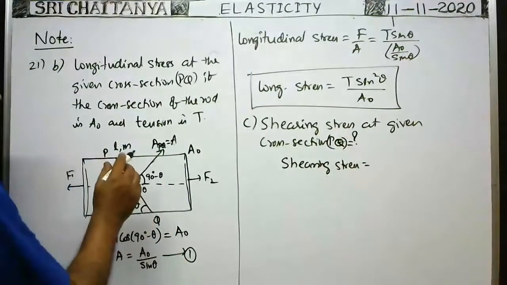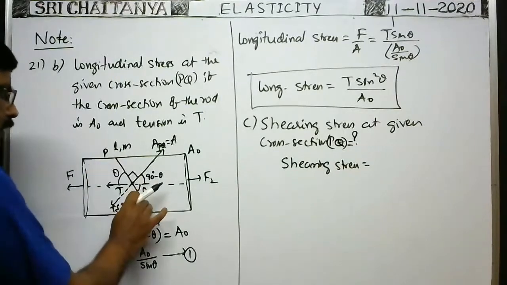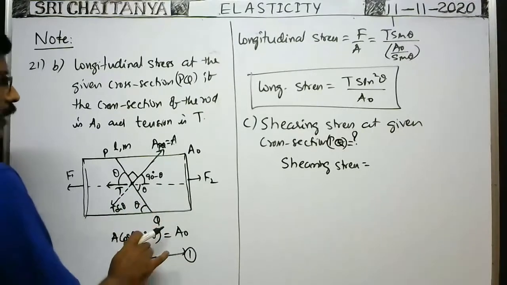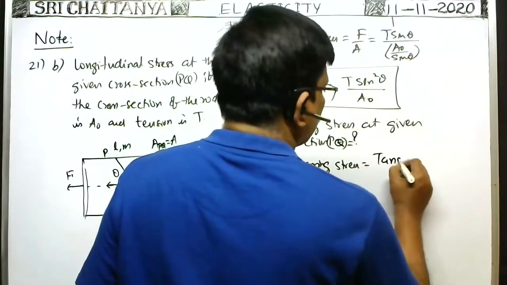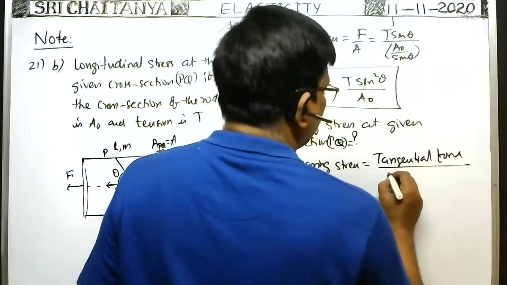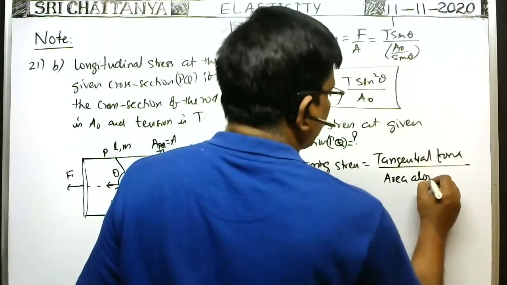Shearing stress at the given cross section PQ means tangential force acting on the surface of this cross section considered, divided by tangential area. So tangential force by area, the surface area along the tangential direction.